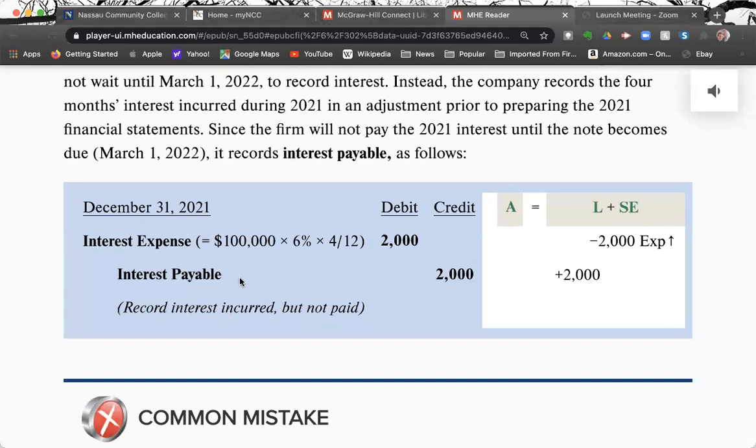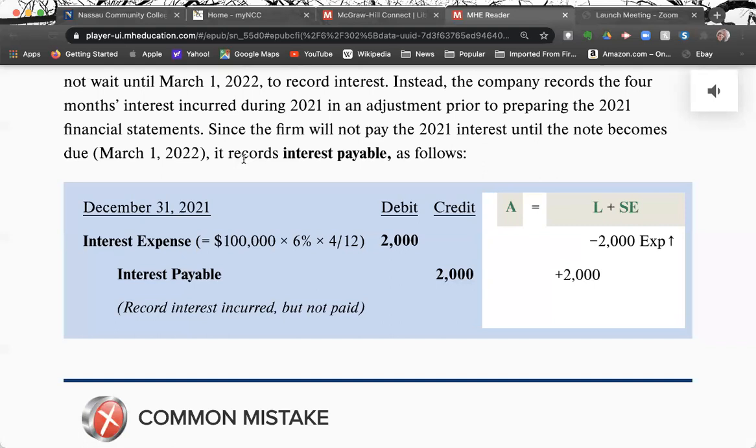Now, the next important date that we have here is March 1st, 2022. The money is going to have to be paid. The money is going to have to be repaid. The $100,000 plus the $6,000 of interest. Oh, actually, no, it's not 6,000.